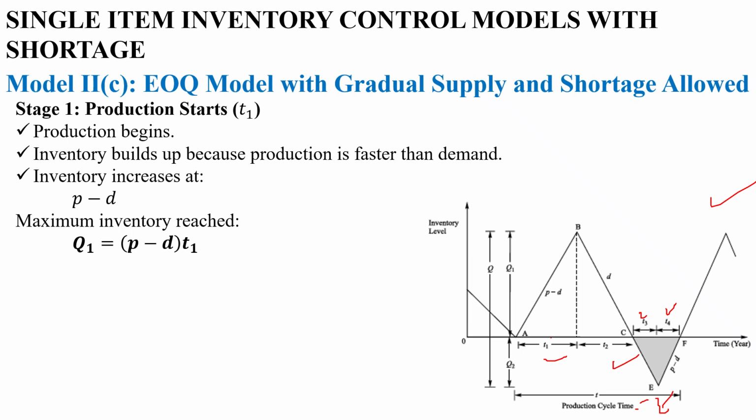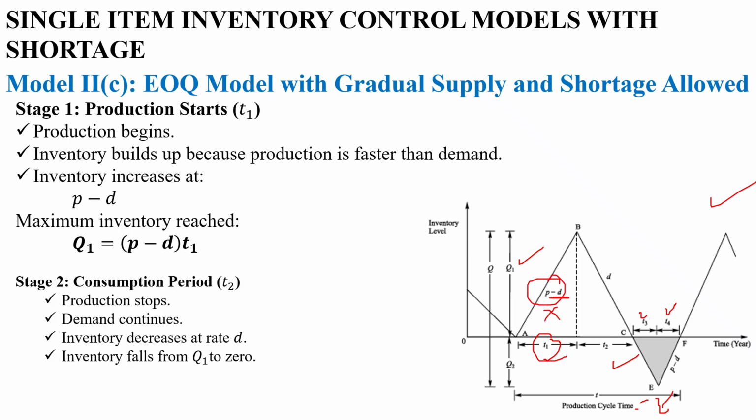In the T1 time period, production begins and inventory is built up because production is faster than demand, and inventory increases at the rate of P minus D. In this time period, the maximum inventory Q1 is reached, and Q1 equals (P minus D) into T1.